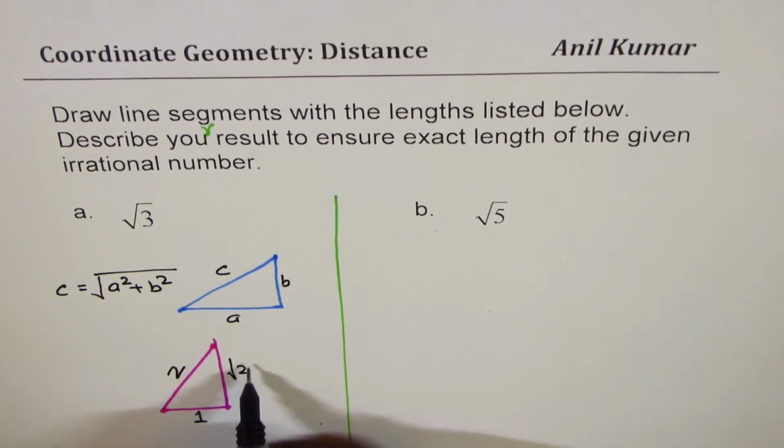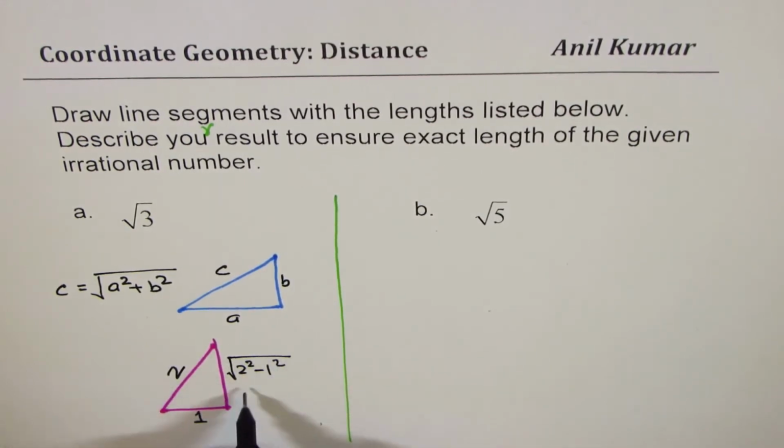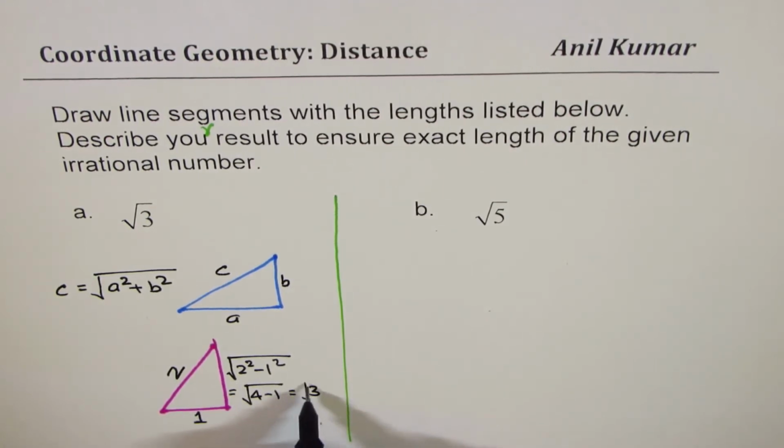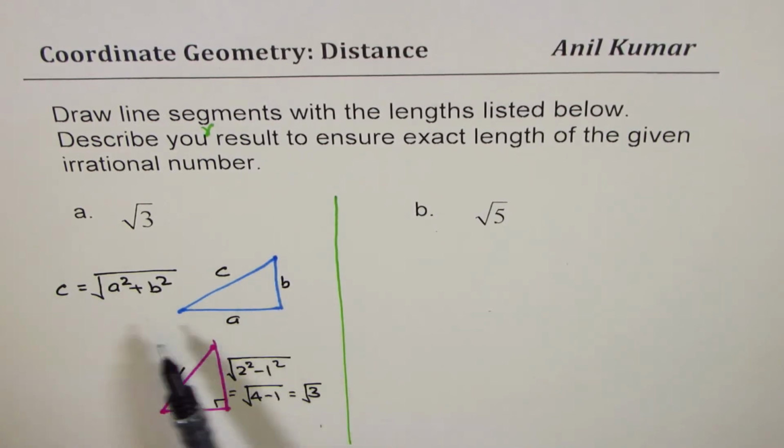Well, this will be square root of 2 square minus 1 square, which is equal to square root of 4 minus 1, which is square root 3, correct? So you could get square root 3 as the smaller side of a right triangle, by taking the hypotenuse as 2 and base as 1. So that could be an alternate way to get square root 3. This is without getting into square root 2, right? Well, making square root 2 is not difficult. An isosceles right triangle with unit length will give you square root 2.